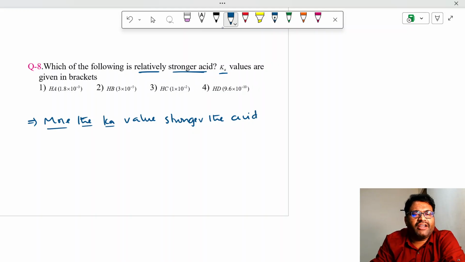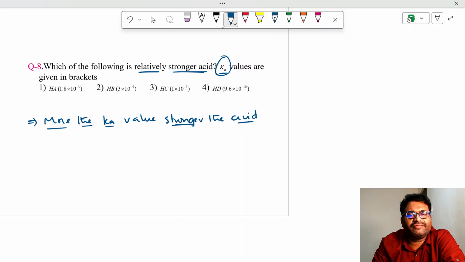More the Ka value, stronger the acid. Among these, which is stronger? Ka values are given. So Ka of which is greater? Ka values, if you write, Ka is equal to 10 power minus 2.